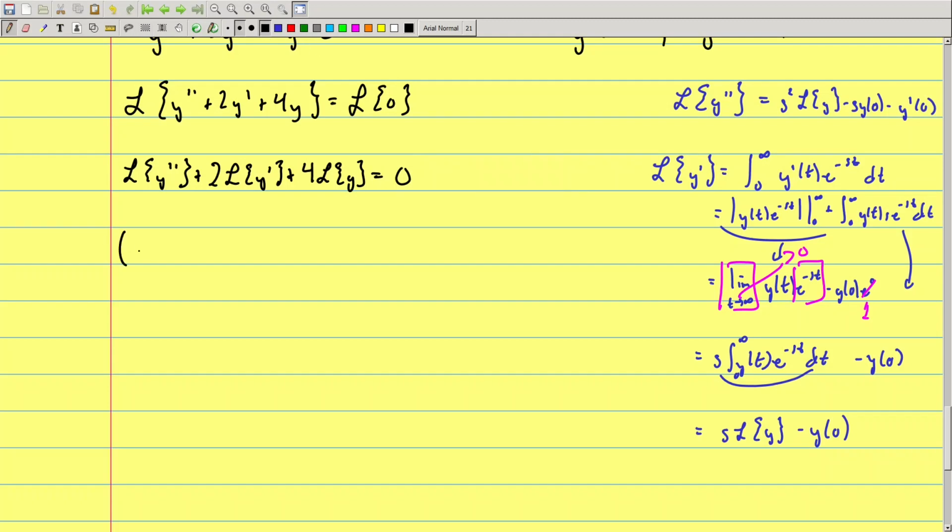And then we have s squared, and instead of writing the Laplace transform of y, I'm going to write capital Y of s, calling back that relationship I mentioned before, where lowercase and capital letters are the function in either the t domain or the s domain.